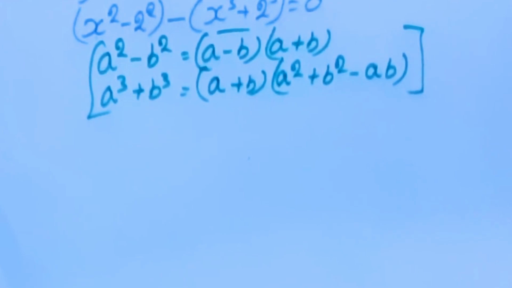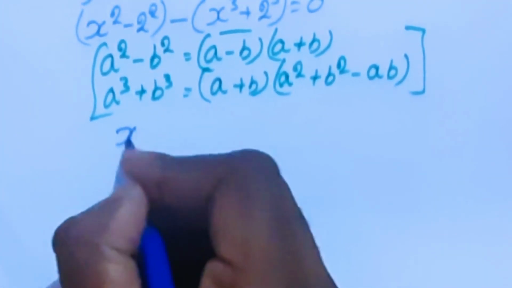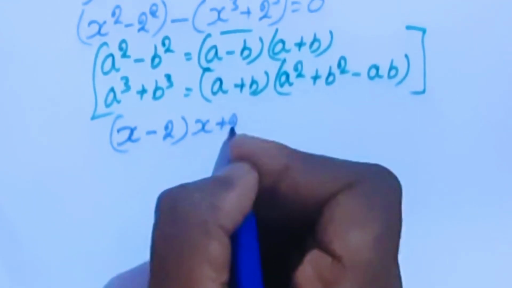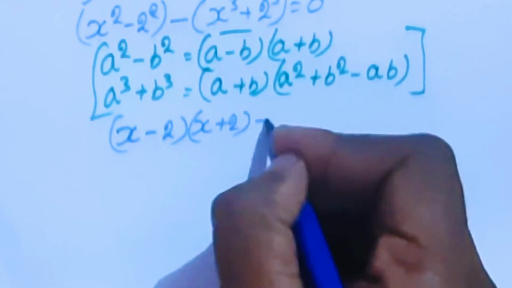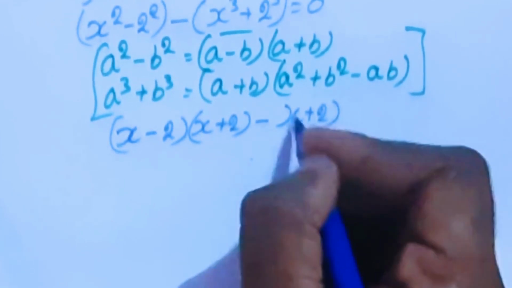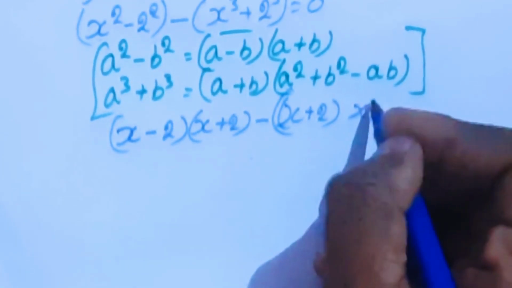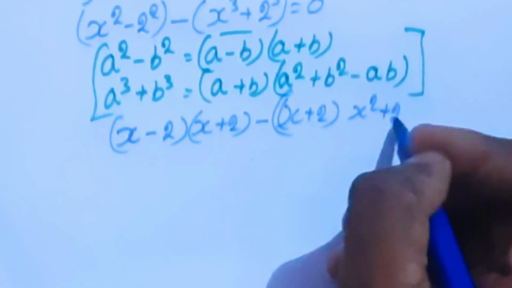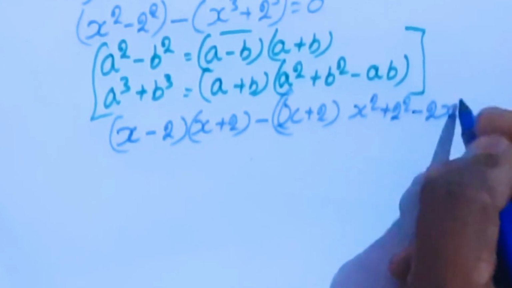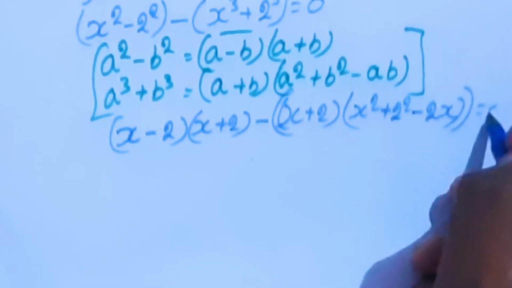So (x - 2)(x + 2), this minus (x + 2)(x^2 + 2^2 - 2x) = 0.